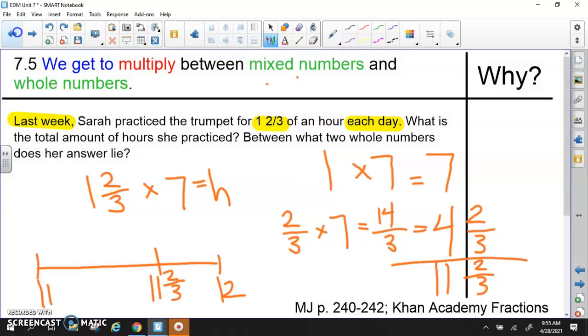Take the fraction away. So that's the low whole. And then what's the next whole above that, right? It would be 12. And if you look at it on a number line, like was just explained, you'll see 11 and 2/3 lands between 11 and 12, right? Pretty simple with that, right?